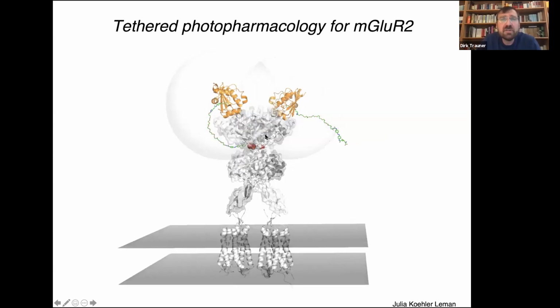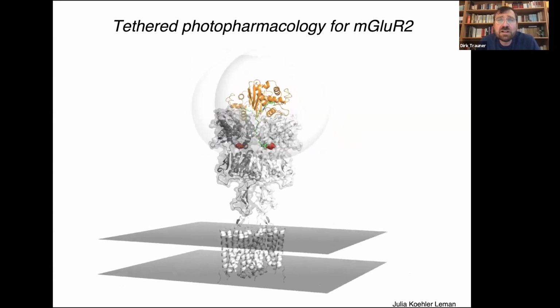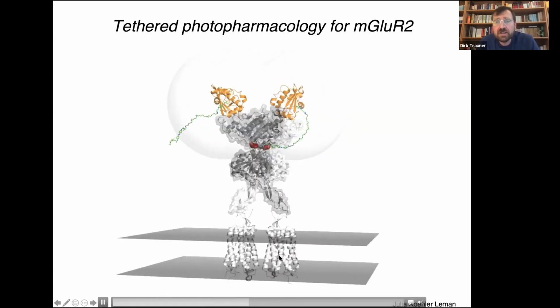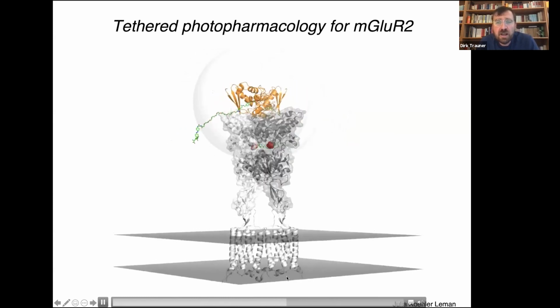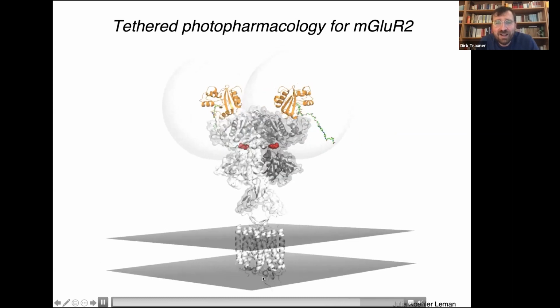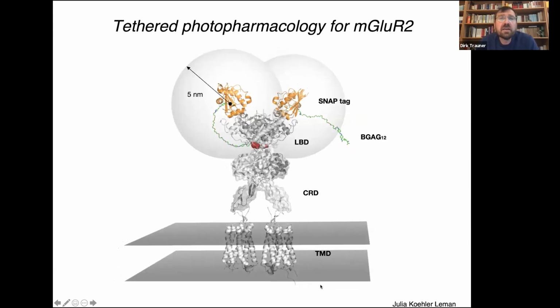When I rotate this, you will see it better. As the clamshell closes, this lever arm pulls on the seven-helix transmembrane portion, which then changes the interface and kicks out literally the heterotrimeric G protein that is attached here, which then travels and does downstream signaling.